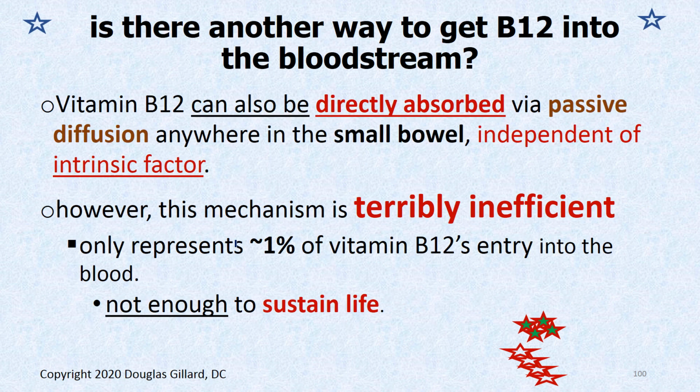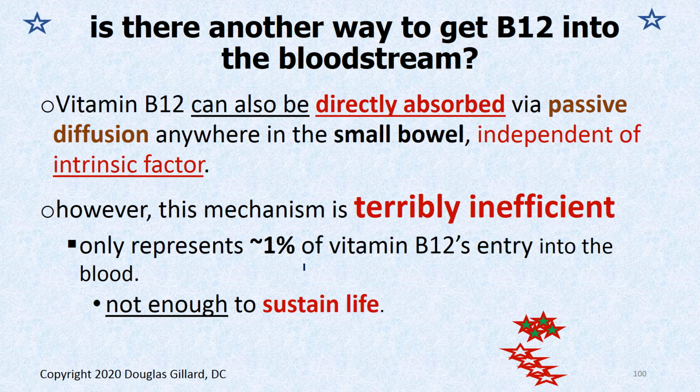Is there another way to get B12 into the bloodstream? Well, yeah, you can take B12 injections. In fact, that's the treatment for pernicious anemia. But even before you develop full-blown pernicious anemia, about 1% of vitamin B12 can be absorbed through any enterocyte, just through the brush border.